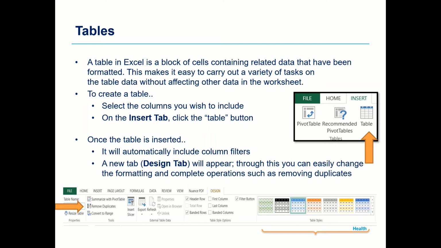If you know how many columns you're going to have in your table, on the Insert tab, you're going to click the Table button, and then once the table is inserted, it'll automatically include column filters. And then there's this Design tab that's going to open up, and I'll show you that in a moment. It will allow you to add some fancy features to your particular table. And this is fun to experiment with. I'll show you an example of that now.